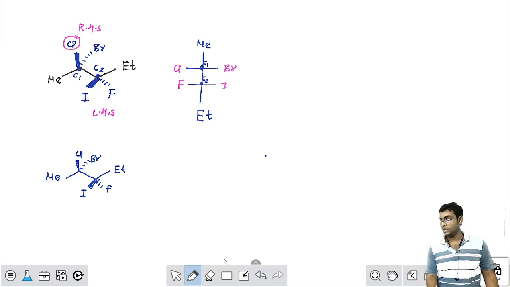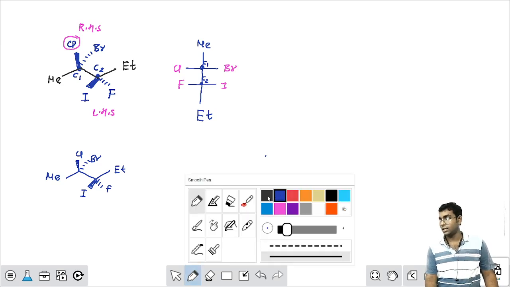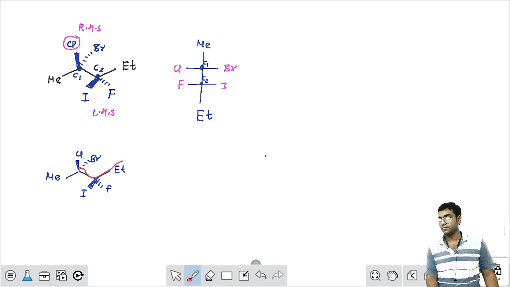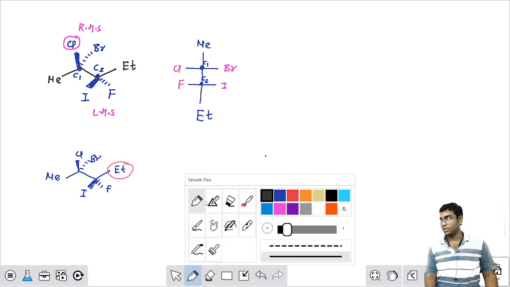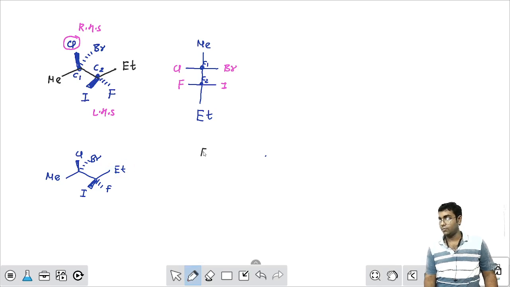Okay, now let's try to make the Fisher projection, but now I will see from this direction. So we are fixing this ethyl group in the bottom position. So what will be the structure right now? So we have to place the ethyl group in the top, and methyl in the bottom. Now there are two carbons, C1 and C2.